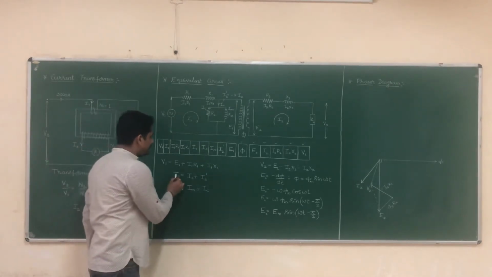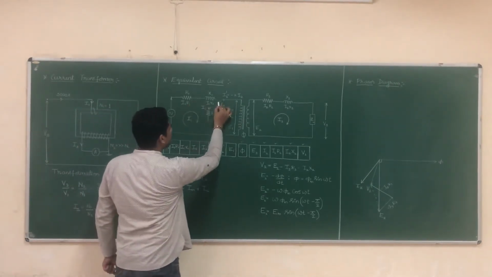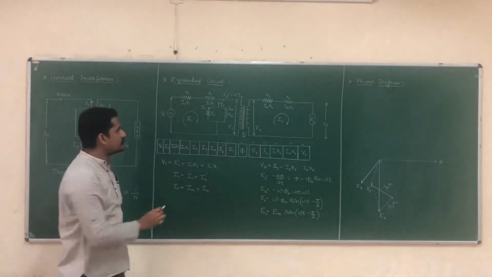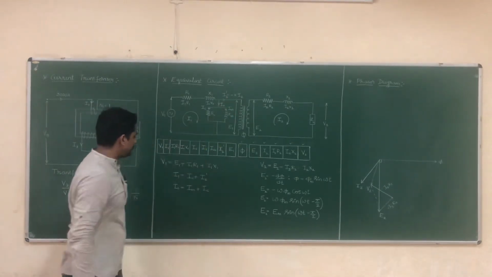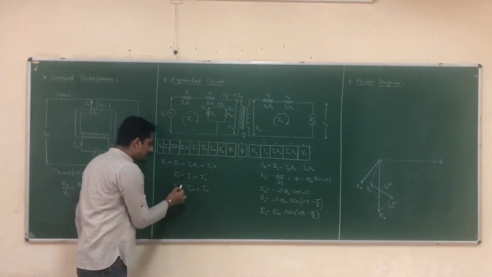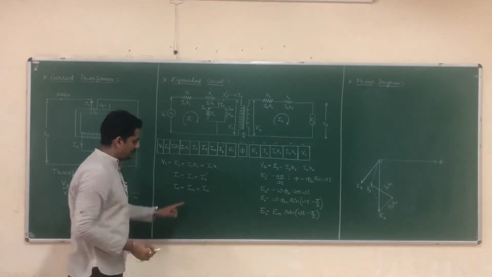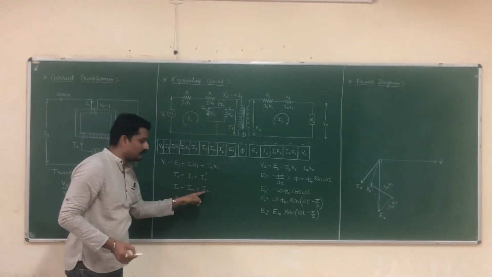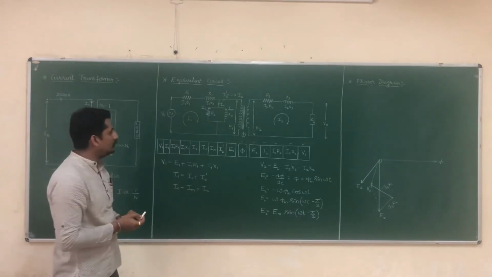And here I1 is nothing but I0 plus I2 dash. What is I2 dash? This I2 dash is nothing but minus k times I2, and this I0 is nothing but Im plus Ic. One is the magnetizing MMF or magnetizing component, and the other is the core loss component.